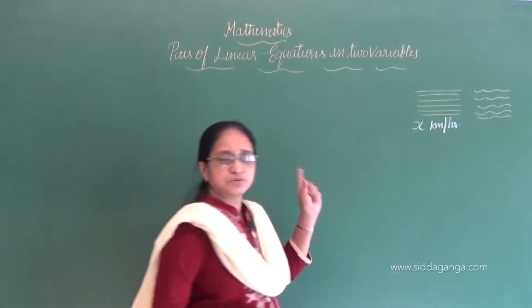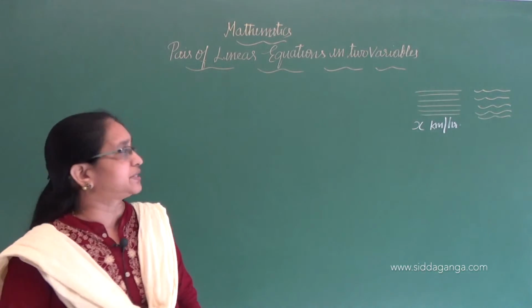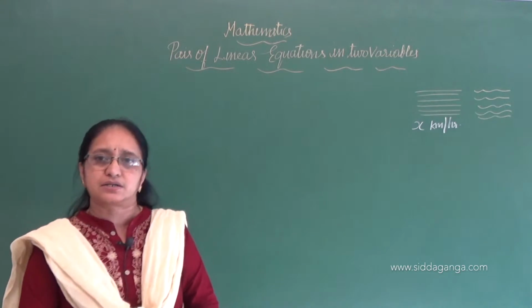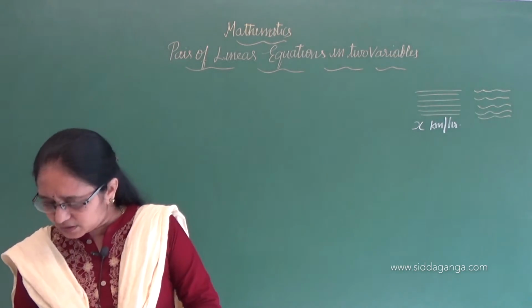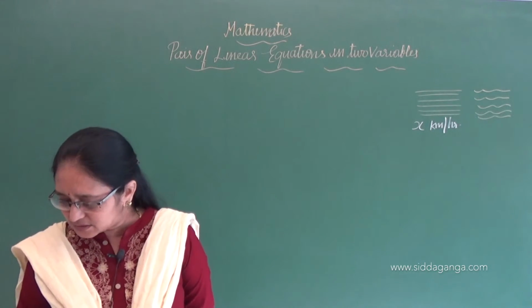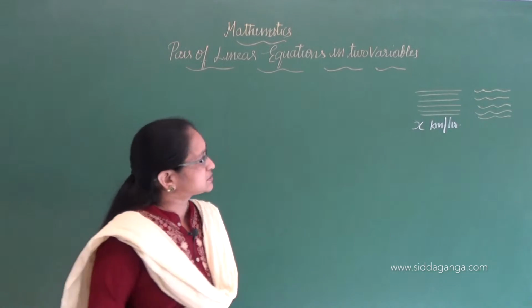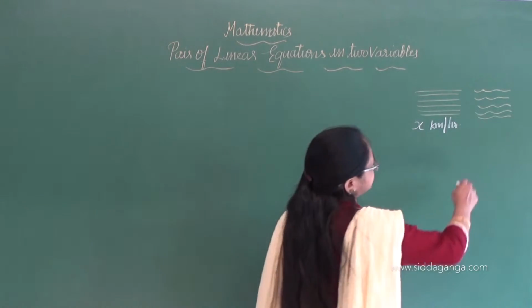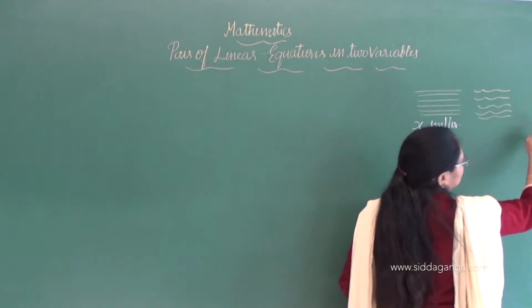You all know speed means definitely you should take kilometers per hour, because they have given kilometers in your textbook. Next, speed of the current means here the speed of the flowing water.